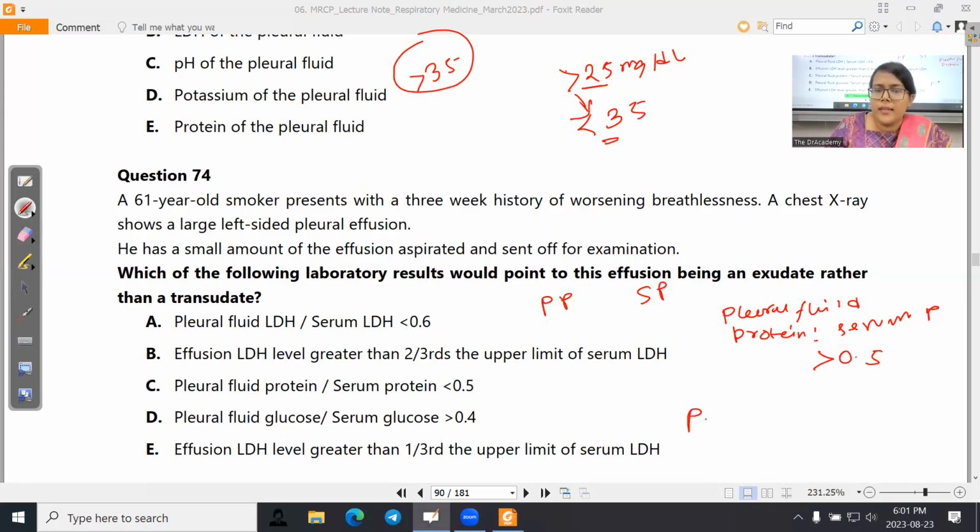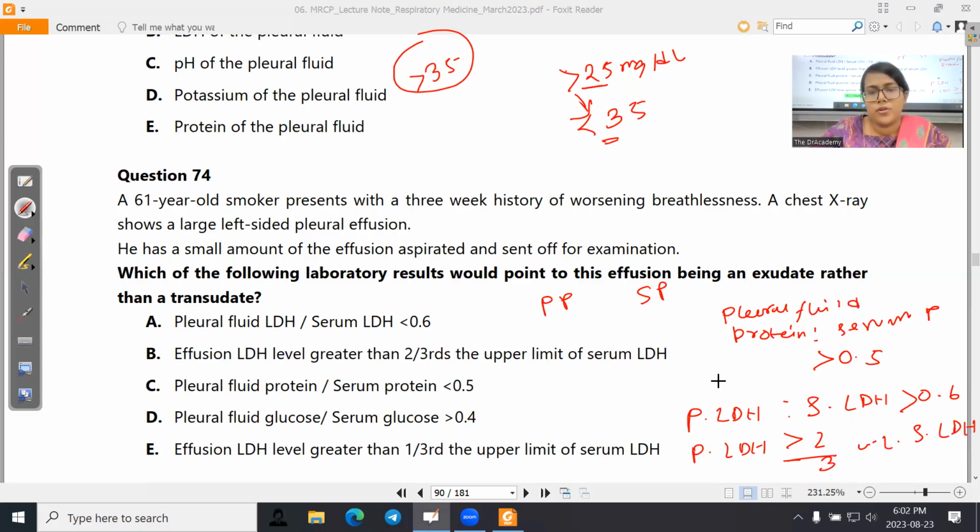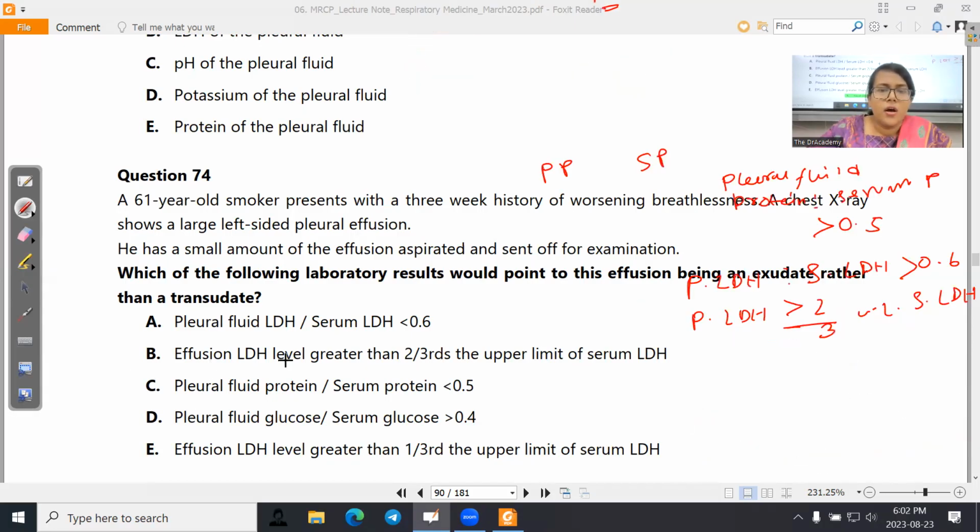If the pleural LDH and the serum LDH ratio is more than 0.6, if the pleural LDH is more than 2/3 of the upper limit of serum LDH, that's when the pleural fluid is considered to be exudative rather than transudative. So here you'll see among all the options, the correct answer is option B, because the effusion LDH level is greater than 2/3 of the upper limit of the serum LDH. All right.